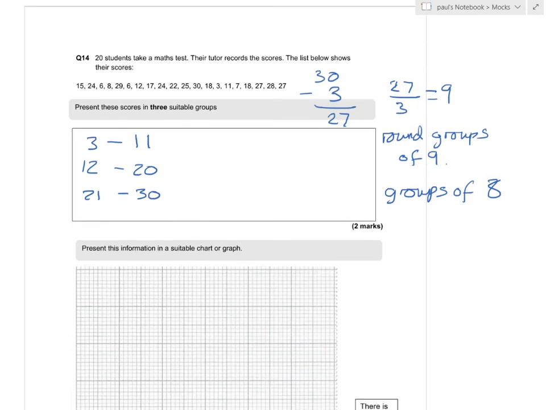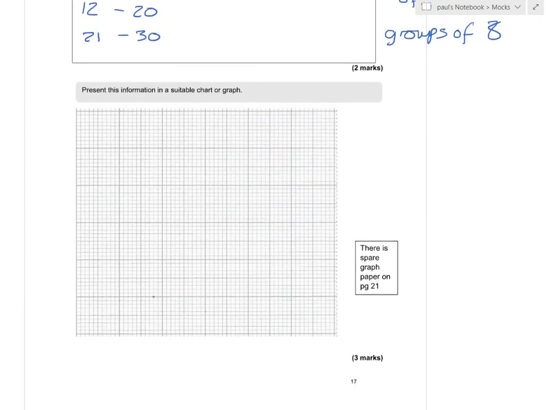Okay, maybe. We'll do a 3 to 11 group, yeah? So from there we'll do group 3 to 11, and then we'll leave a gap, and we'll go 12 to 20, then we'll leave a gap, and go 21 to 30.